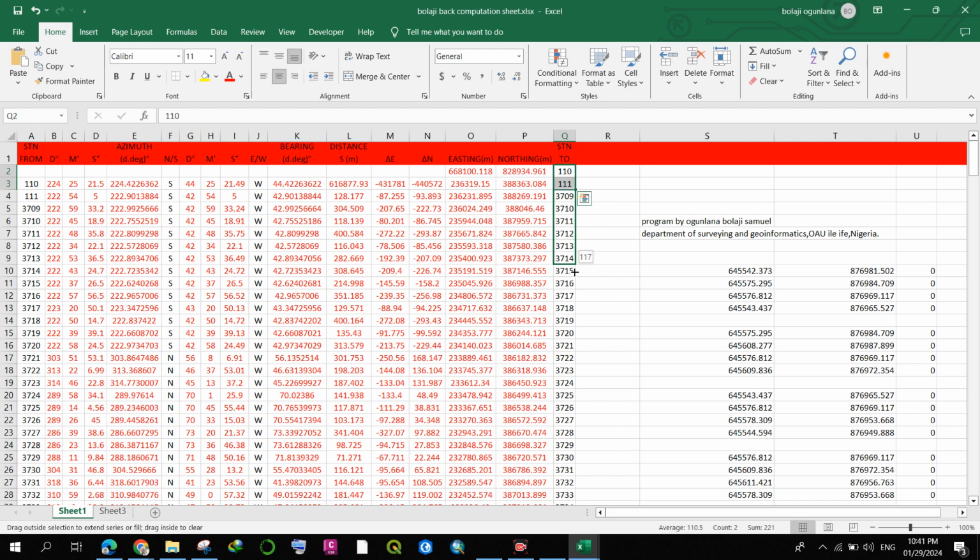So 7, 8, 2, 3, 4, 5, 6, 4, 5, 6, 7, 9. You can see, as I'm writing it there, what is happening on the other side. So that tells you that you're going to have the computation sheet.